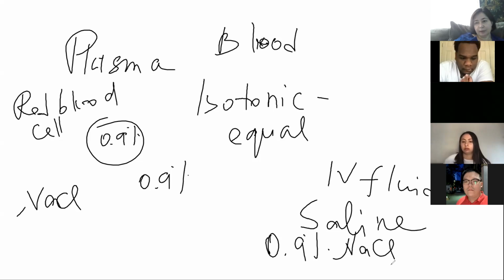Can you give a person just water as an IV? Regular, I mean distilled water. No. You're gonna kill the person. How are you gonna kill the person? Let me explain how you kill the person. So this is 0.9%, right?